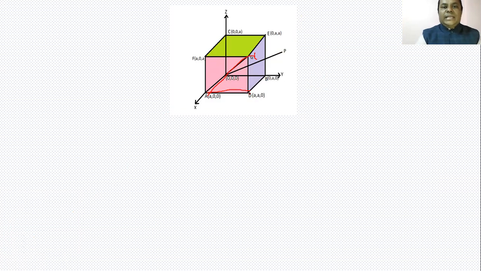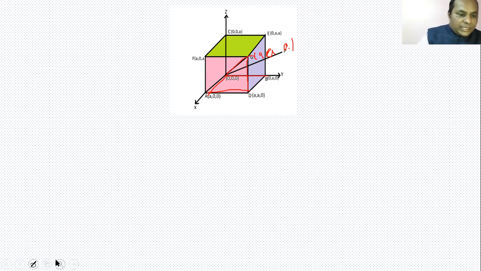Because this AD is equal to OB, so OB is also A unit. Therefore, this is A unit, this is also A unit, and from here to here, this is also A unit. Therefore, the coordinate of G is A, A, A. Actually, this is the coordinate of G.